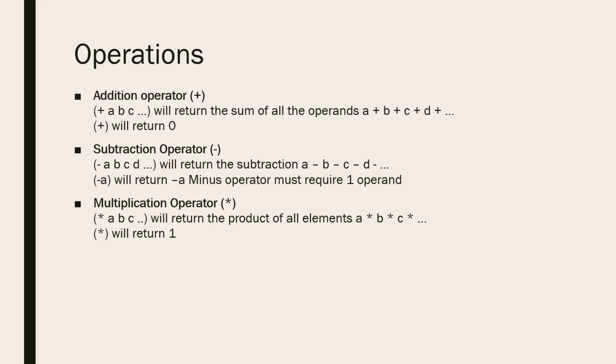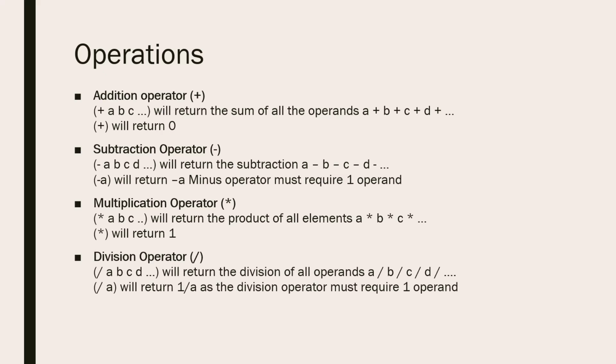The subtraction operator requires one operand. Division operator, just like the subtraction operator, also requires one operand, and it will return 1 divided by the operand. And in this case, it will return the division of all its operands.